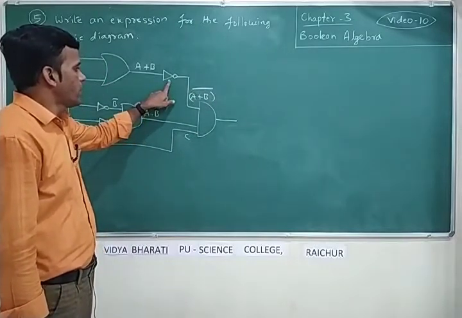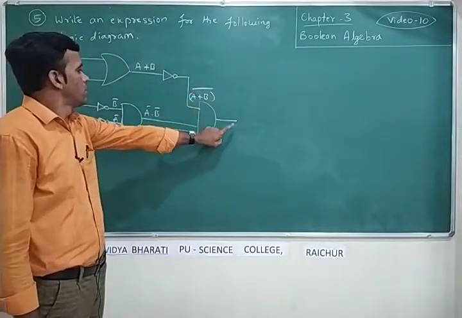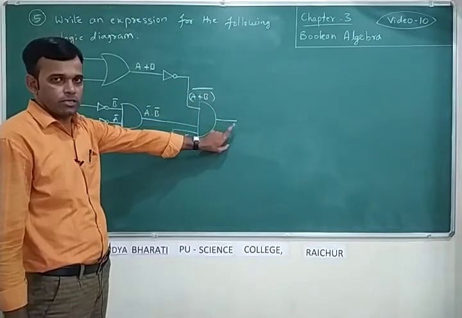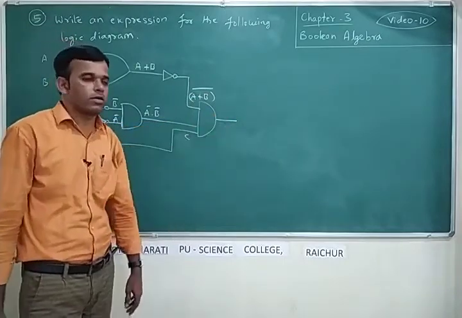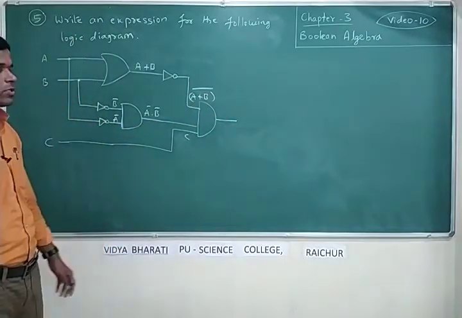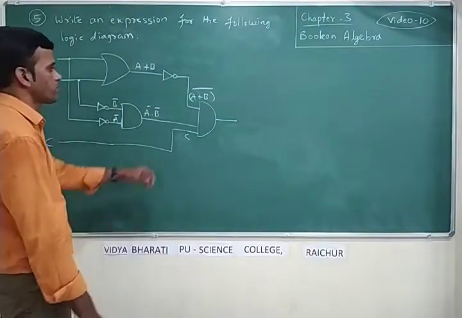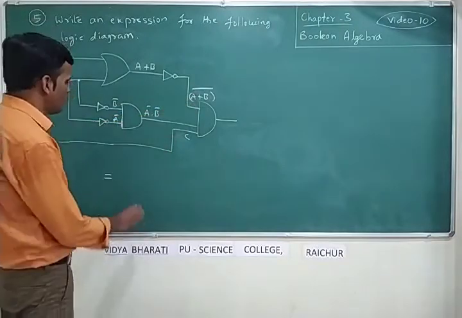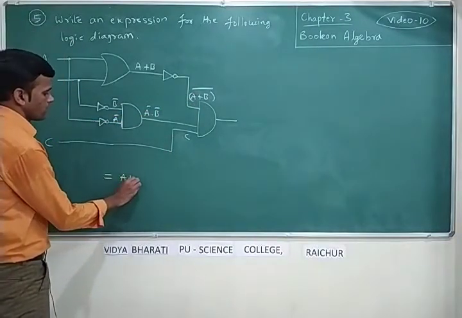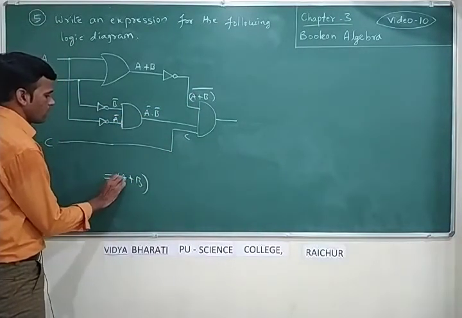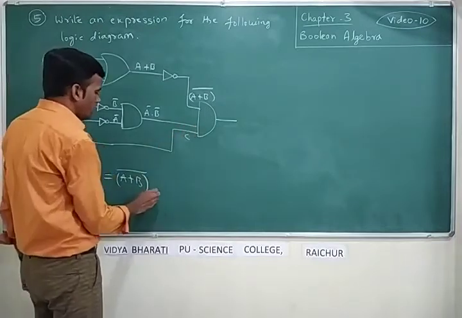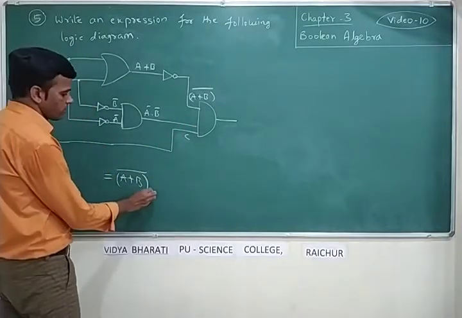So now we can write the expression for this gate, which is nothing but the answer for the entire logic circuit. So what is the answer now? The expression is A plus B whole bar. Then because of the AND gate, it is a dot symbol.